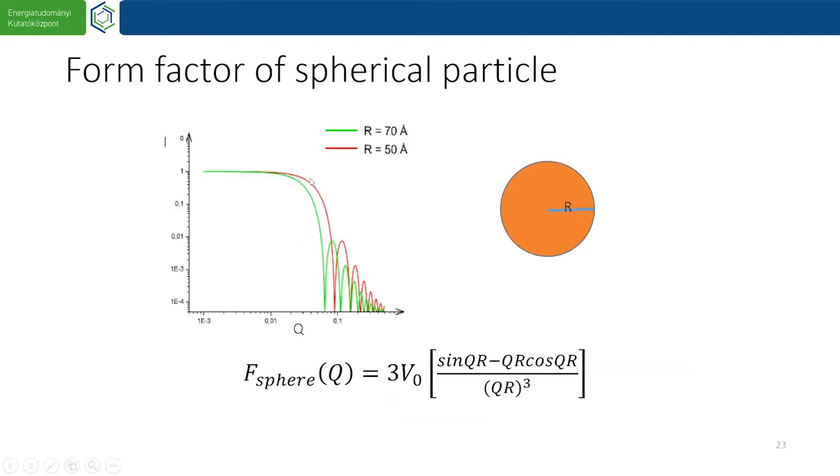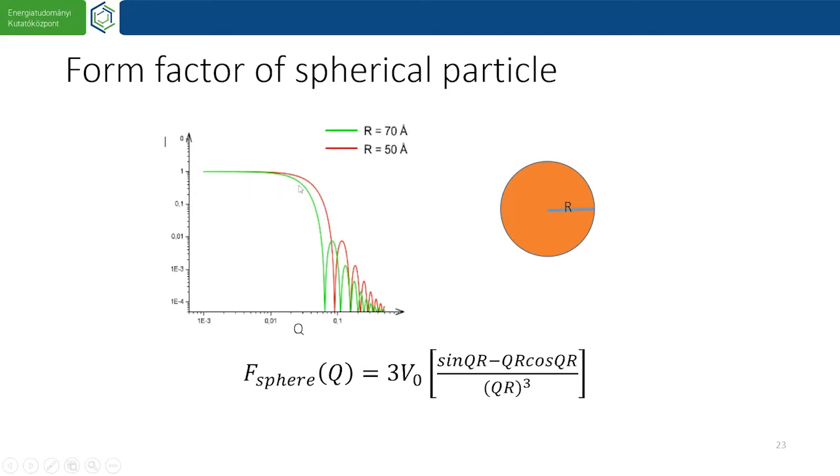So what we see is that the parameter in this equation is the radius, and the other quantity is the Q. So the Q is here, the radius is here. In fact, we want to see the intensity as a function of the Q. And from the shape of the curve, we can determine the radius.